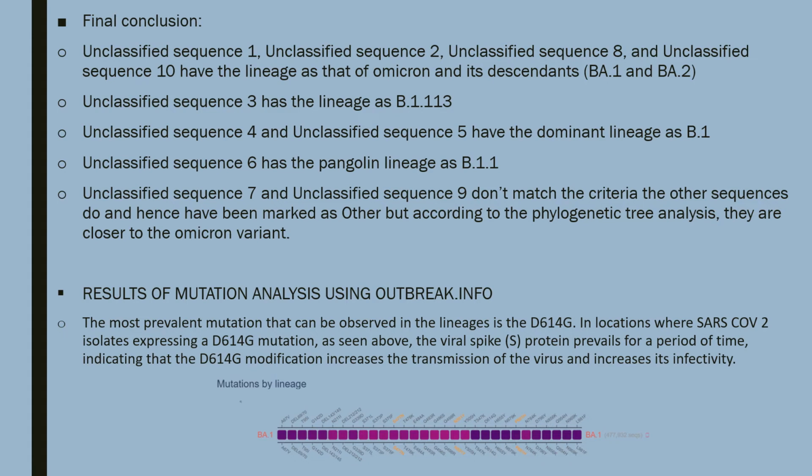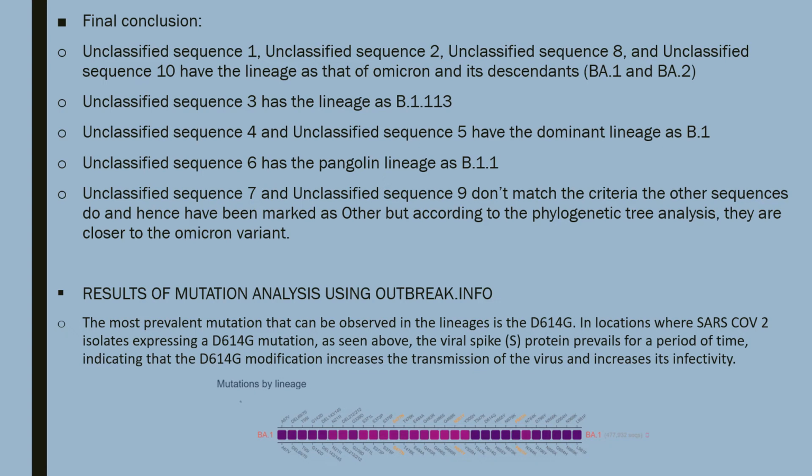Unclassified sequence 6 has the Pangolin lineage as B.1.1, whereas unclassified sequence 7 and unclassified sequence 9 don't match the criteria the other sequences do and hence have been marked as other, but according to the phylogenetic tree analysis, they are closer to the Omicron variant.